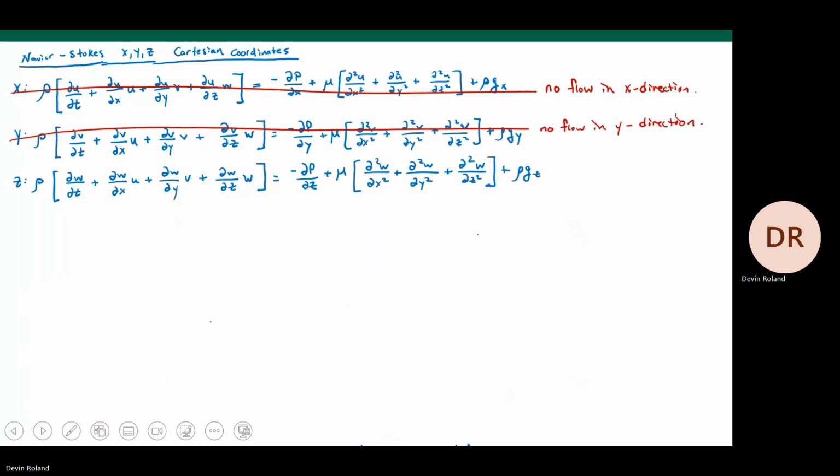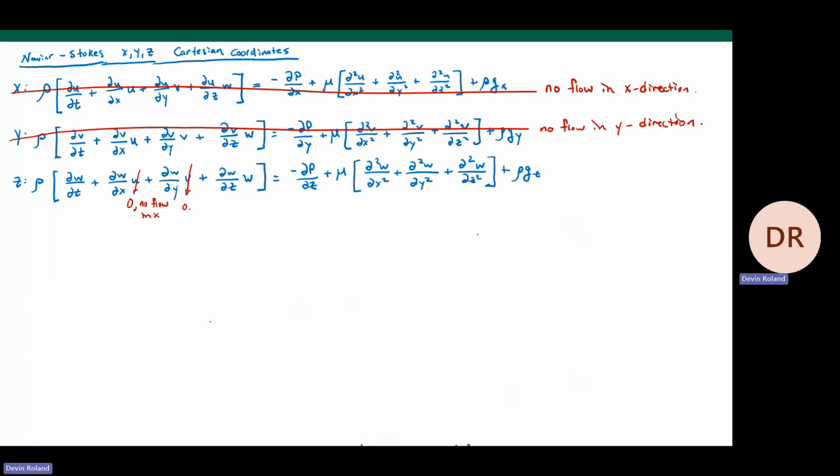Now, looking at the z direction, what do we need to see here, right? So if it's fully developed, then, let me say this. This u is 0 because there's no flow in x.